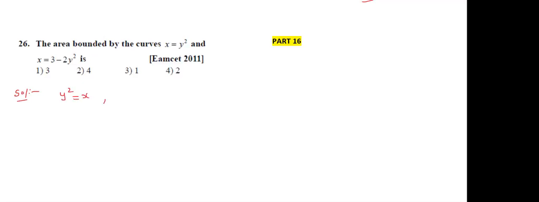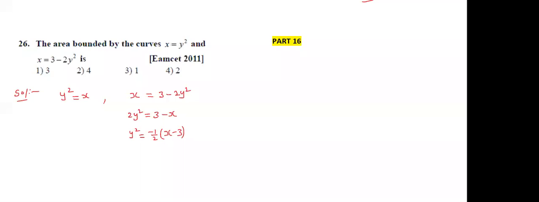Another one is x is equal to 3 minus 2y square. We can write 2y square is equal to 3 minus x, and y square is equal to minus 1 by 2 into x minus 3. These are the two curves.